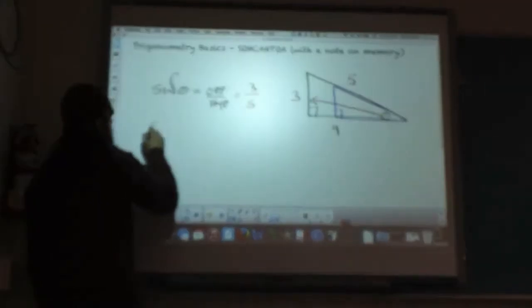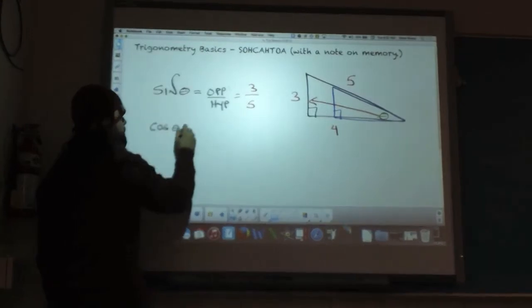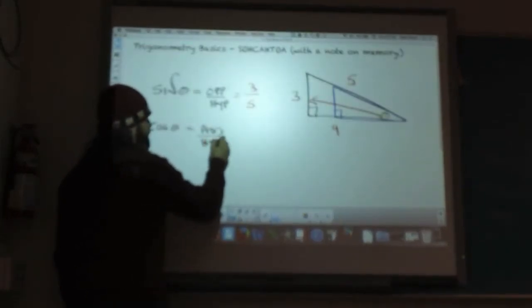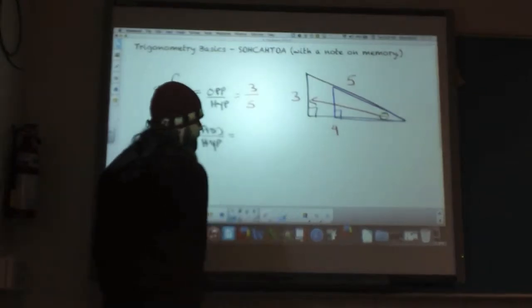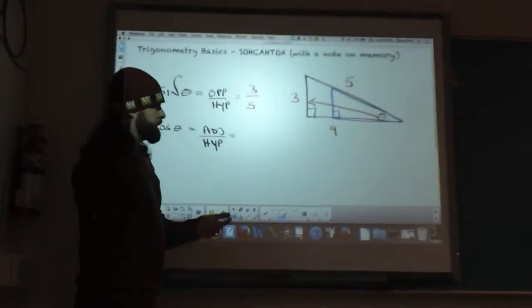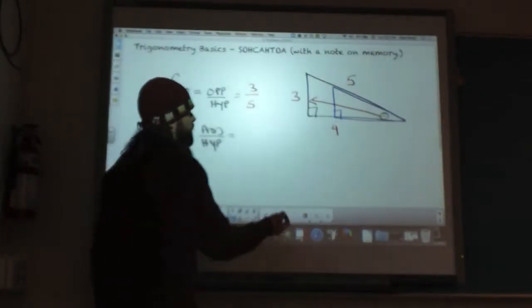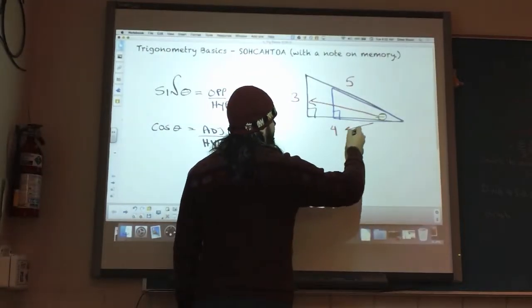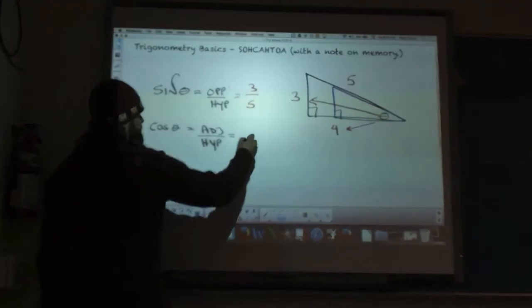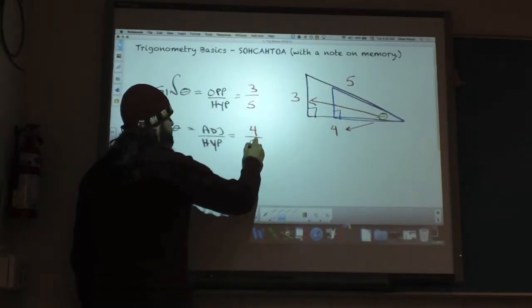There's also cosine. Cosine is the adjacent side compared to the hypotenuse. And the adjacent side, well, it's not the opposite and it's not the hypotenuse, it's the other one. And adjacent means next to, right? So this angle has 4 next to it. It also has 5 next to it, but 5 is the hypotenuse. So the adjacent side is 4, the hypotenuse is 5.